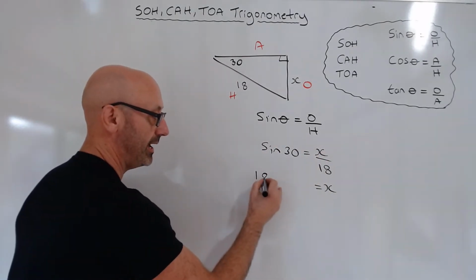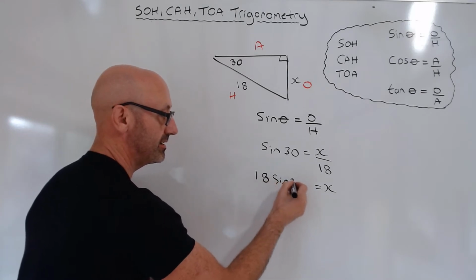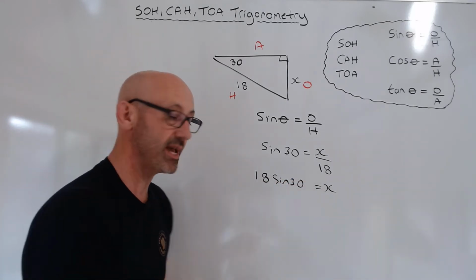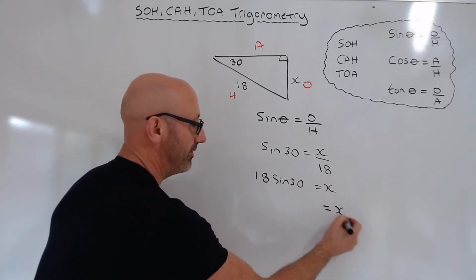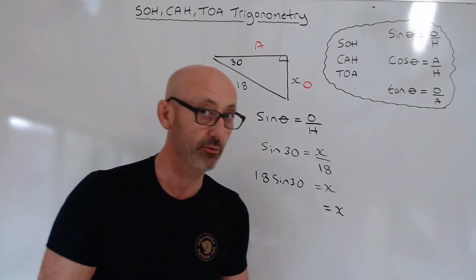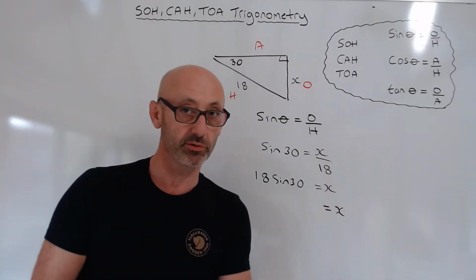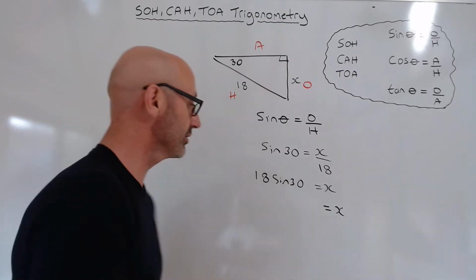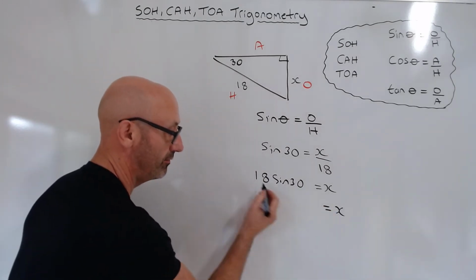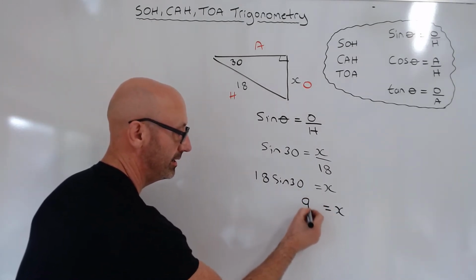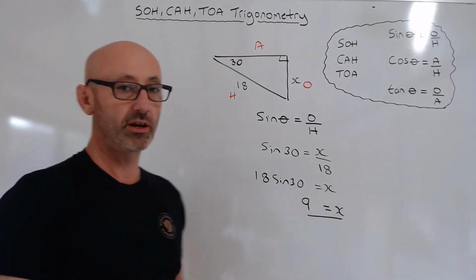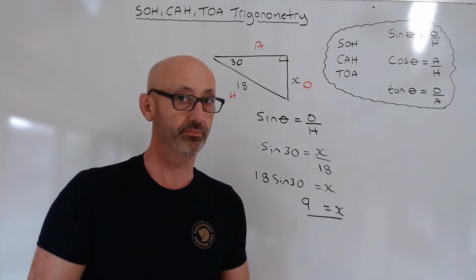So 18 sin 30 equals x. And then you need a scientific calculator. You press your buttons and you end up with an answer of 9. So x would equal 9.